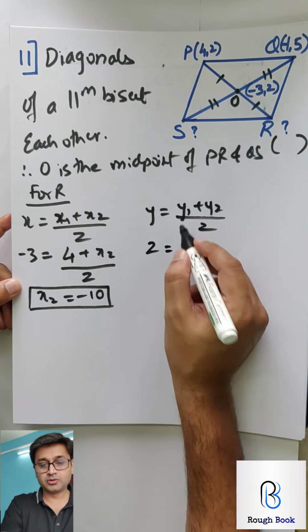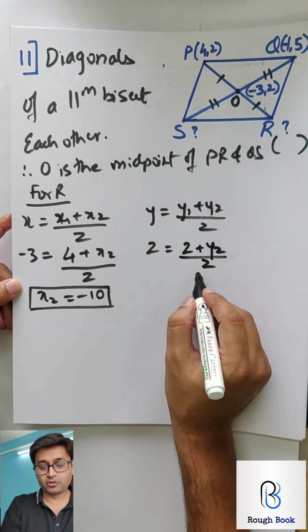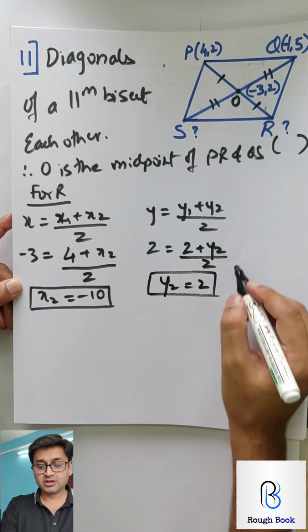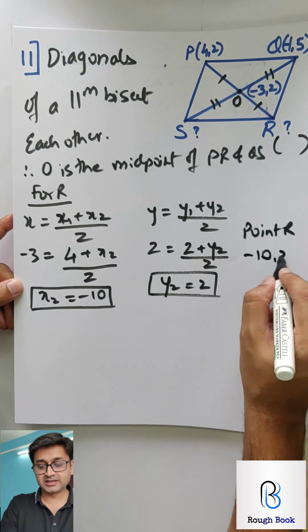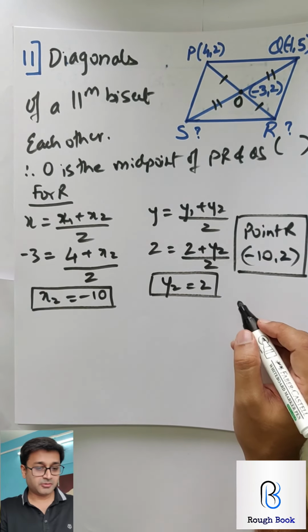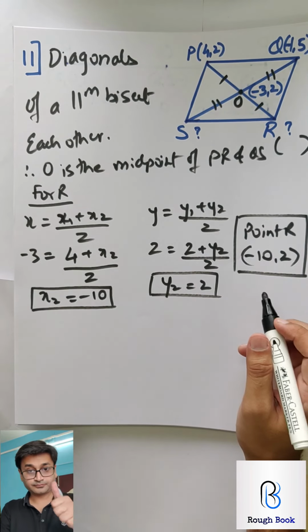So Y will be 2, Y1 is 2, Y2 unknown by 2. So I will get 4 minus 2. So that will make it as 2, correct? So therefore my point R I have got, which becomes minus 10 by 2.